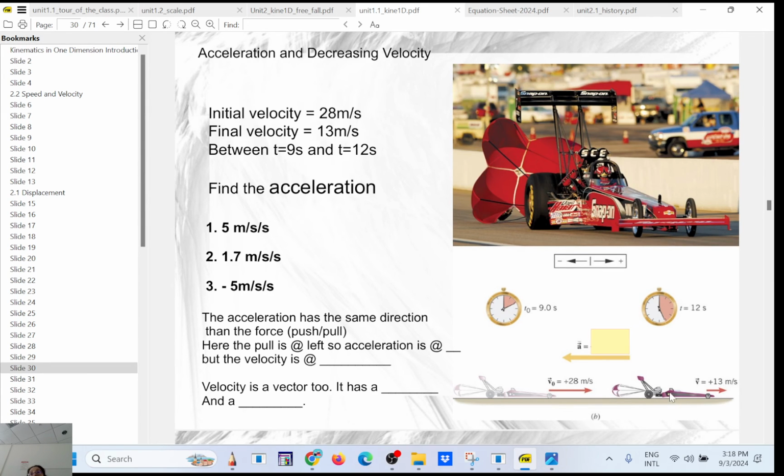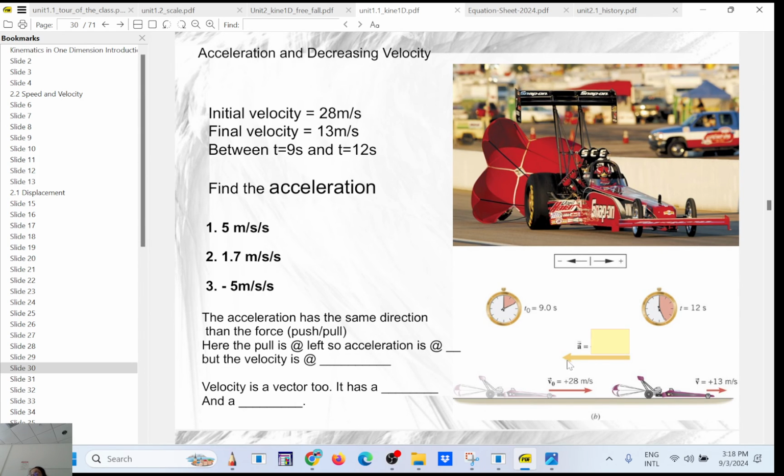But it's slowing down because those cars are moving so fast that to slow them down, you need a parachute. Otherwise, there is so much friction that it will destroy the braking system. So it will get too hot. So they need a parachute. So the acceleration is to the left.